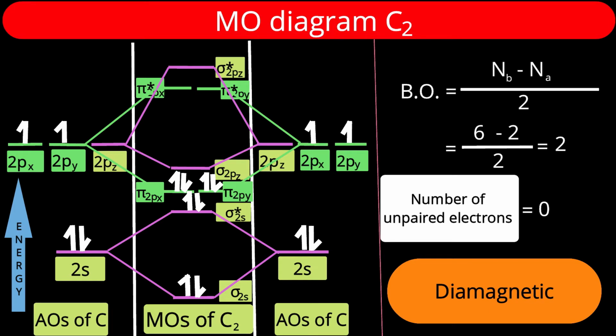Repulsion decreases, attraction increases. The energy of the sigma 2s orbital is relatively lower than the respective atomic orbitals. On the other hand, the antibonding sigma star 2s orbital can be obtained by subtractive, destructive interference. Electron density between the two nuclei will be less compared to atomic orbital electron density.